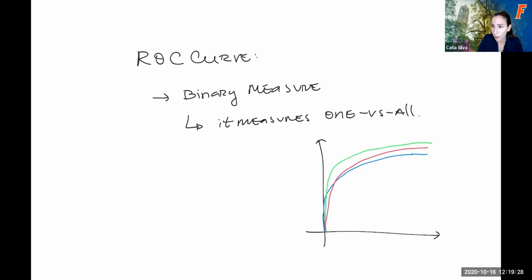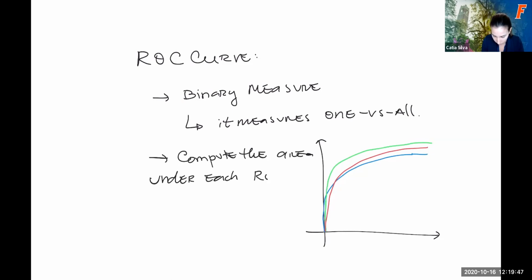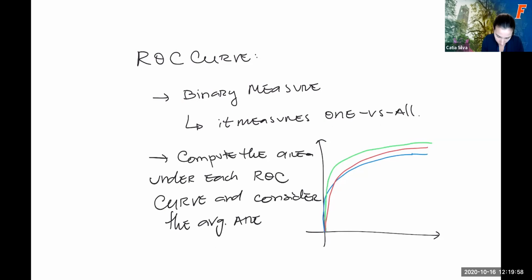And so this would not be a good measure for evaluation of all 3 classes simultaneously, but you could still take things like, let's compute the area under each ROC curve and consider the average area.